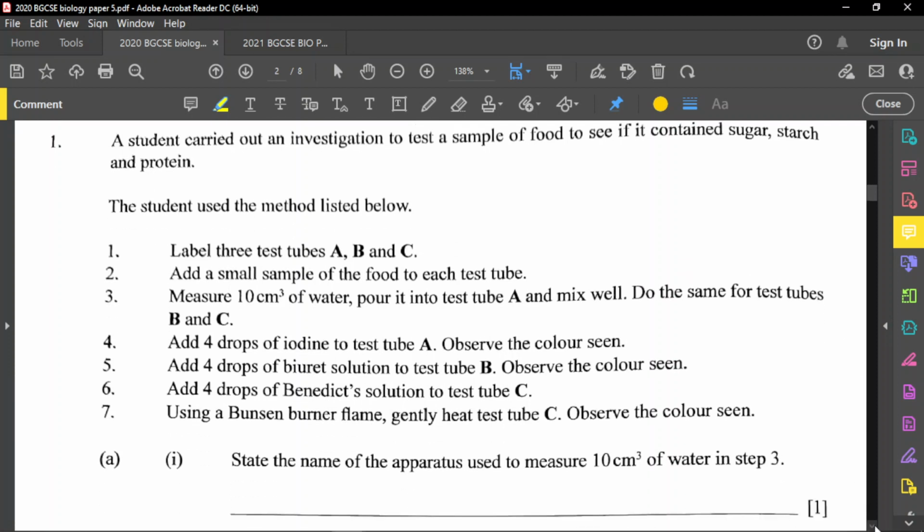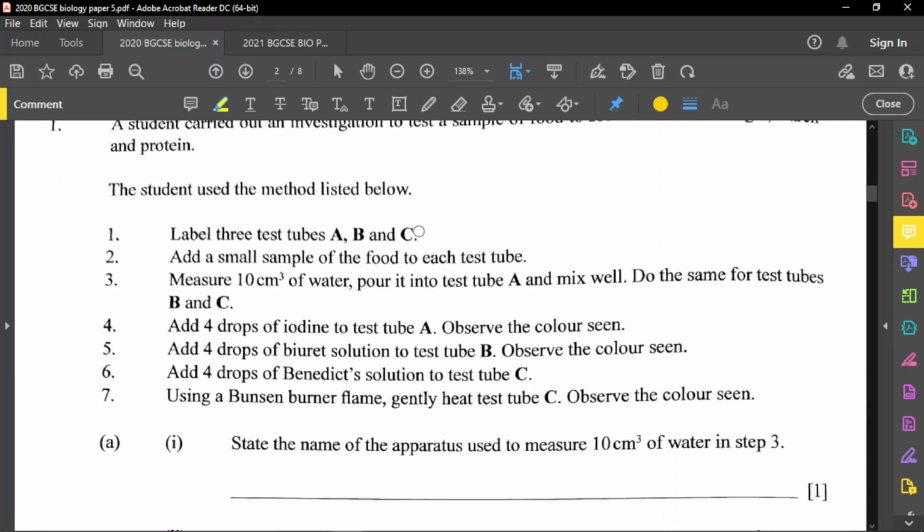Method number 1 says: label 3 test tubes A, B, and C. 2: add a small sample of food to each test tube. 3: measure 10 centimeters cube of water, pour into test tube A and mix well.